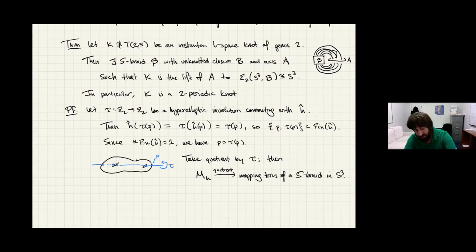Okay, what is that 5 braid? It's whatever gets traced out by these remaining 5 points that are fixed by the involution. Again, we remove this point P because it's not supposed to be part of the knot complement. We just did that to cap off the monodromy. But the reason for all of the work leading up to this was that we don't know that the mapping class group of a punctured genus 2 surface is hyperelliptic.